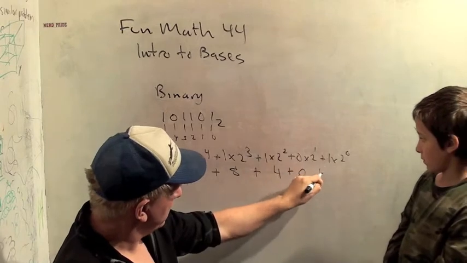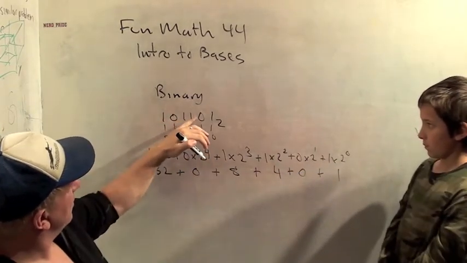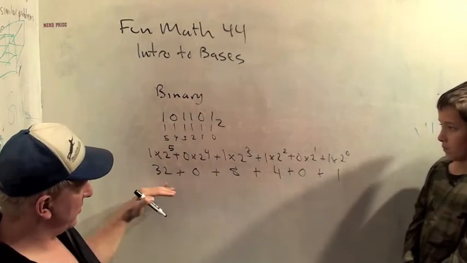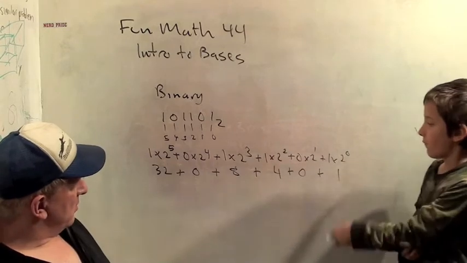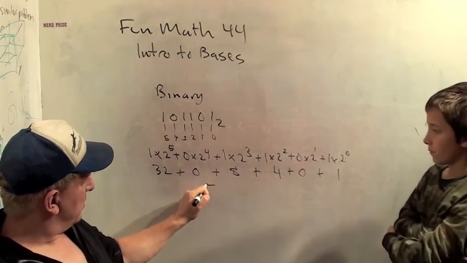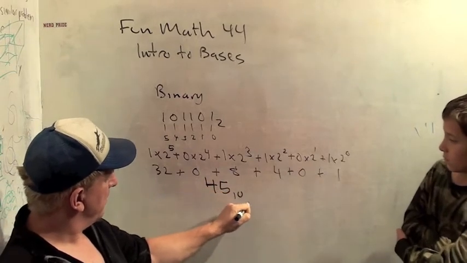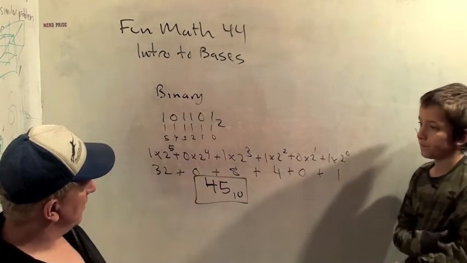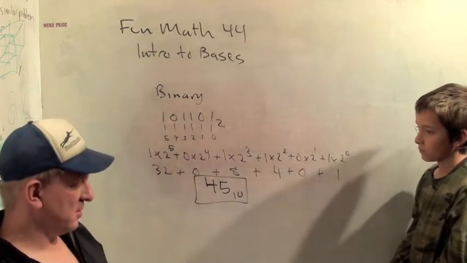Plus 0 plus 2 to the 0 is? 1. Okay, so this crazy number, 1, 0, 1, 1, 0, 1 base 2, is the same as 32 plus 8 plus 4 plus 1, which is? 45. In base 10.